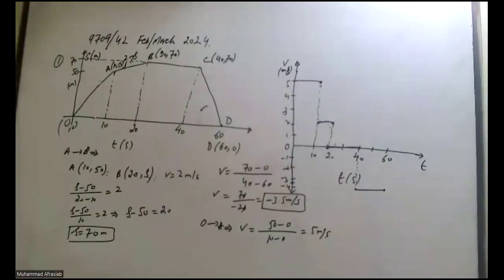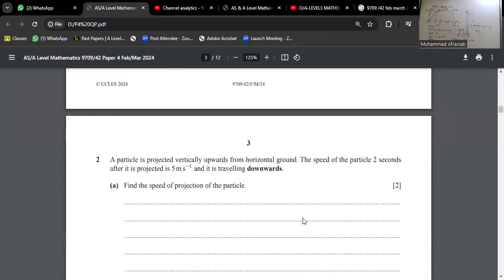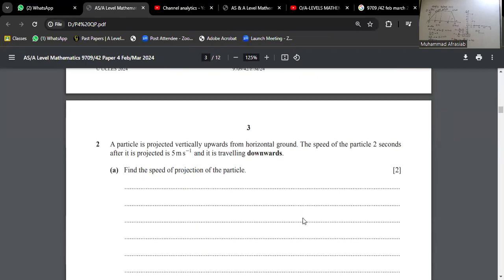Now we are starting question number 2 of this mechanics paper. A particle is projected vertically upward from a horizontal ground.